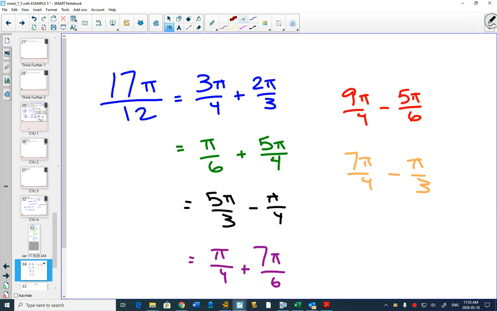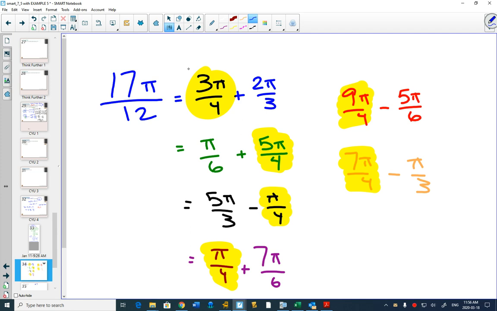There's always a pi over 4. Pi over 4 here. Pi over 4 here. Pi over 4 there. Pi over 4 there. Tell me a pi over 4 we haven't used.